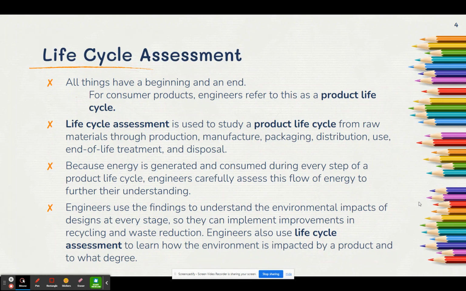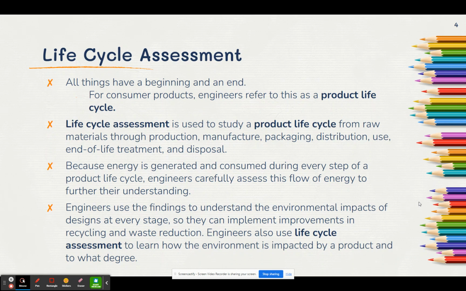The reality is that all things have a beginning and an end. For consumer products, engineers refer to this as a product life cycle. The life cycle assessment is used to study a product life cycle from raw materials through production, the manufacturing, the packaging, the distribution, the use of end life treatment, and its disposal.